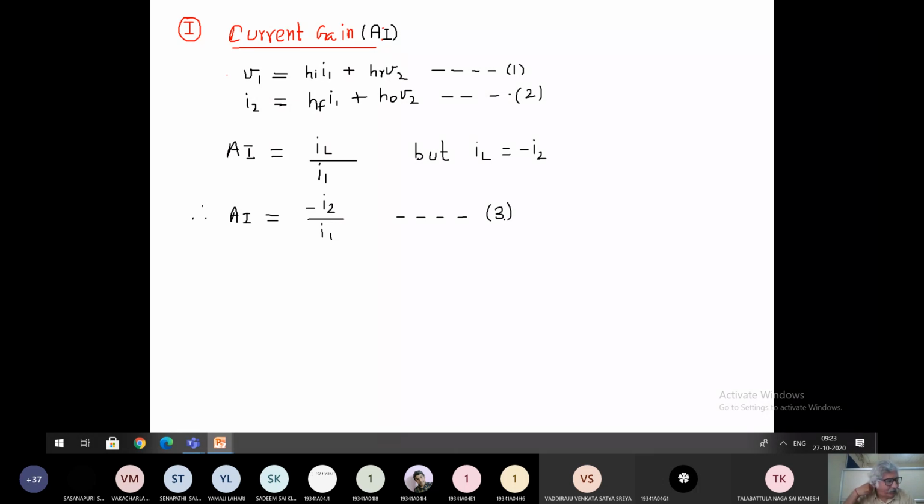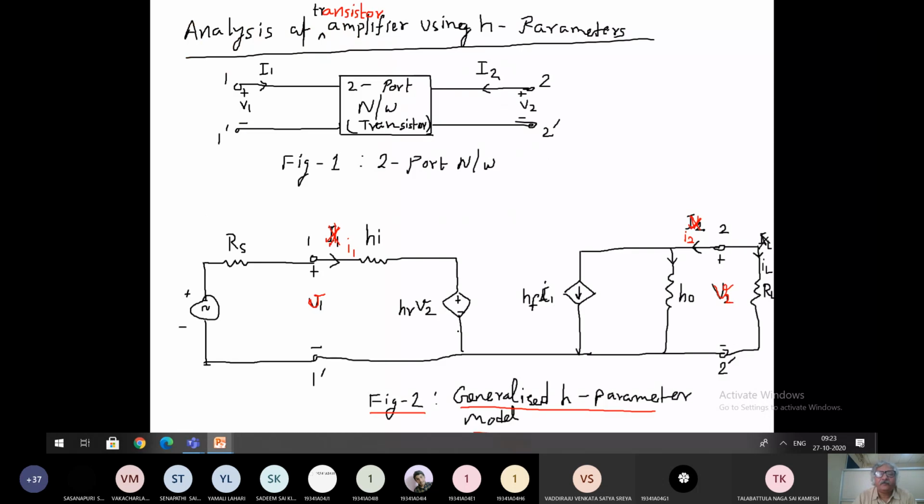Now you can see from this figure number 2, what is this voltage V2? It is also the voltage across RL, and it is also the voltage across this terminal, right?